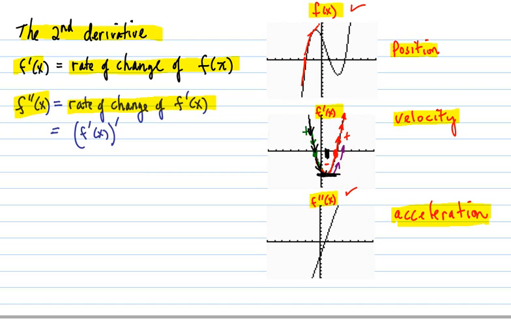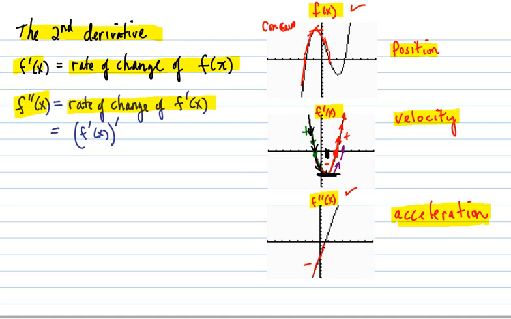The slopes were decreasing. That's why the f double prime curve down here was negative. Another way of looking at that is that since these slopes were dropping the entire way to this point here, it's concave down.